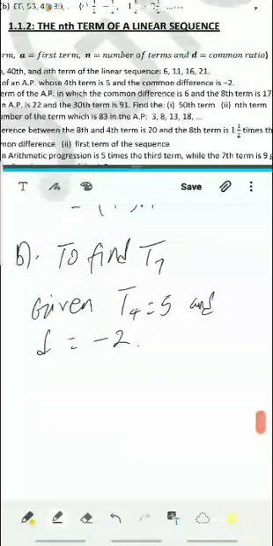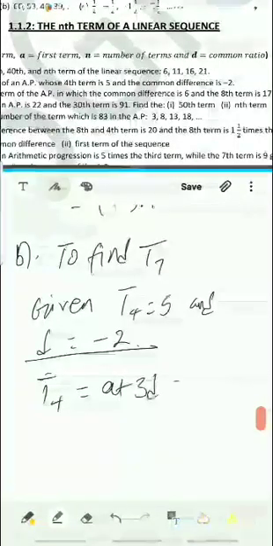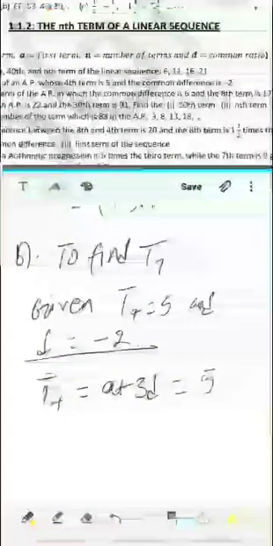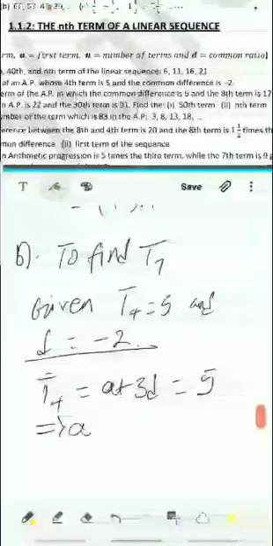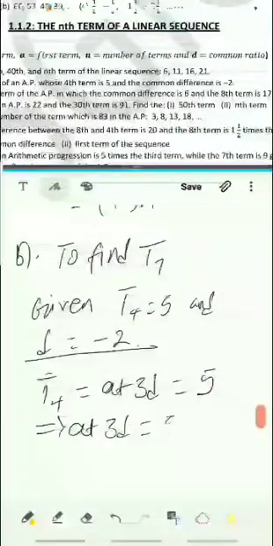To find any term in any sequence, the formula is A plus n minus 1 d. Since we know d, our next interest is just to get our a. Once we know a, we are good to go. T4 is A plus 3d, and we're given that T4 is 5. So A plus 3d is equal to 5.